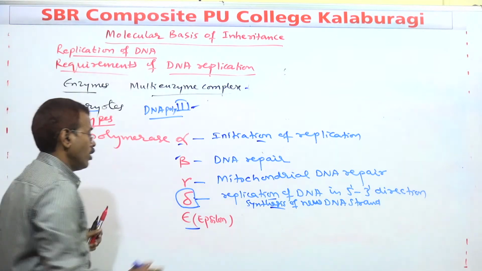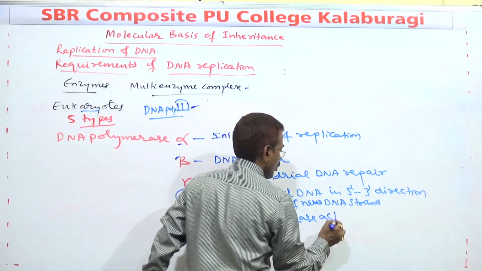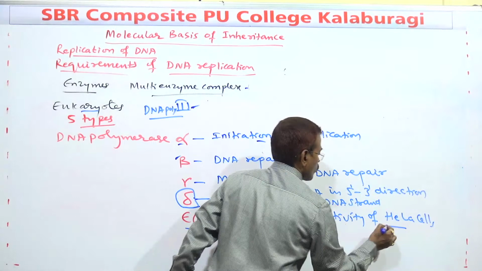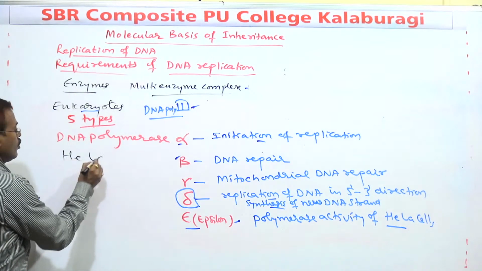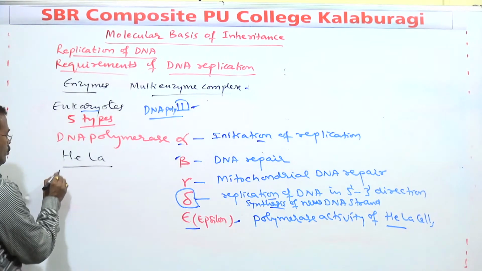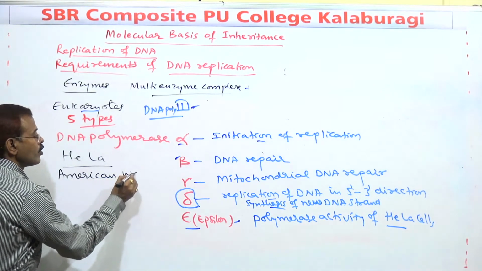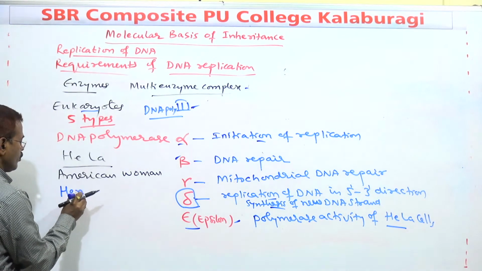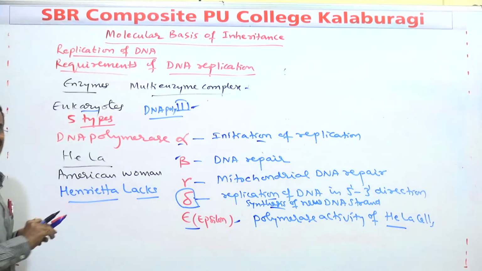DNA polymerase epsilon is involved in the polymerase activity of HeLa cells. HeLa cells came from an American Negro woman, an American black woman, whose name was Henrietta Lacks.